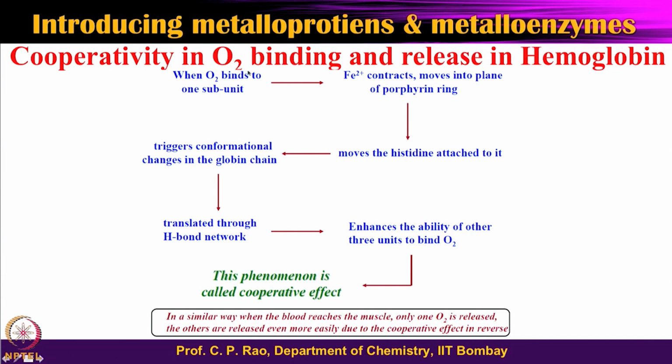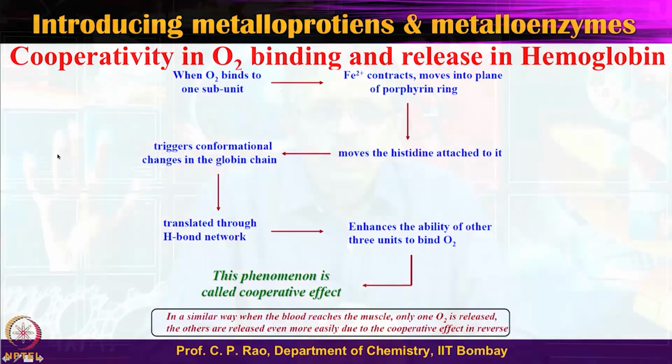So, on oxygen binding, the size of the iron contracts and it gets more into the porphyrin ring, that will give a kind of movement on the iron histidine bond, and that will create a conformational change, and this conformational change is transferred from one unit to the other, which results in the cooperative effect. I hope now you understand how the oxygen is cooperatively bound in case of hemoglobin, and this is what is responsible.